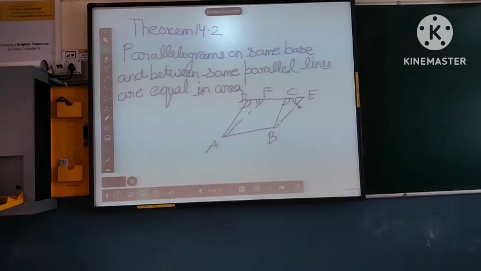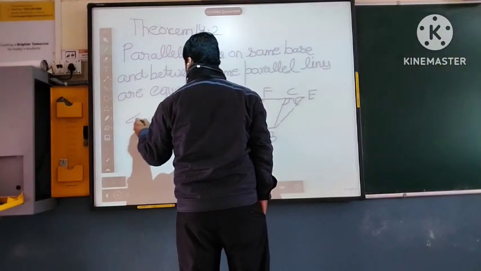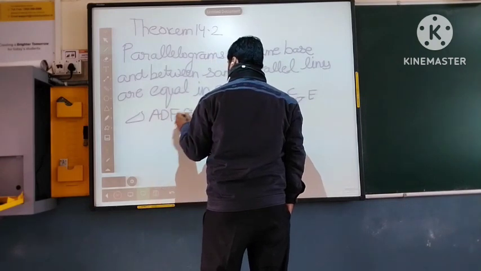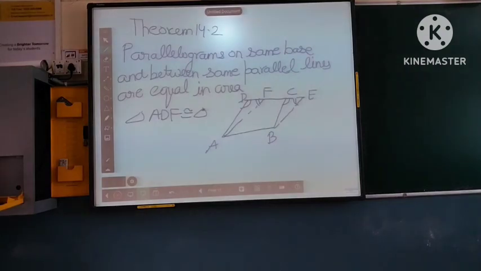They are congruent by AAS criteria. Okay. You can see the congruence criteria also. Angle, side. Which side is common here? AD and BC. No, not common, equal. So see, triangle ADF is congruent to triangle BCE.